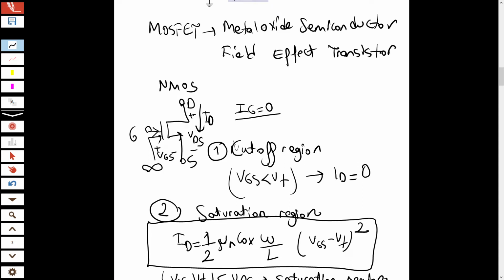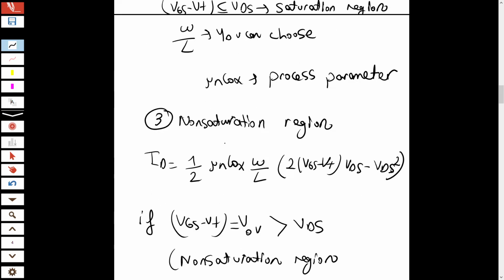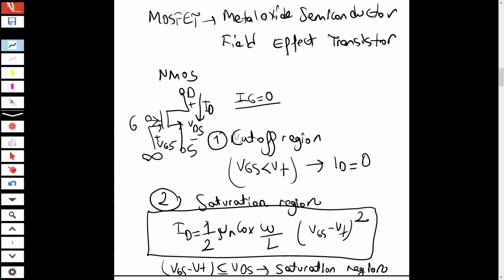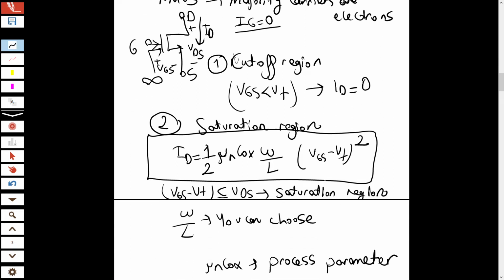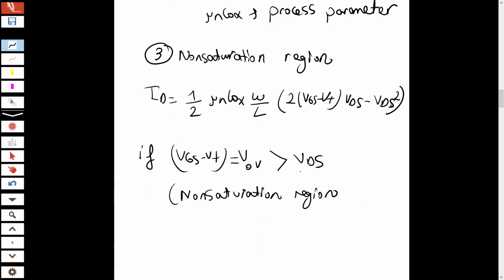That leads to higher potential at drain and then gate and then source. This was NMOS, and in NMOS majority carriers are electrons. So be careful. In formula there is UN. UN means electron mobility.